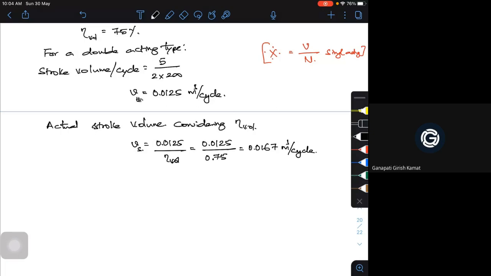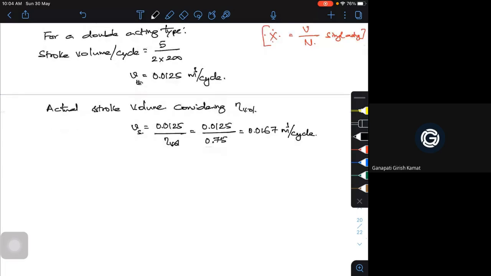This actual stroke volume is equal to A into L, that is pi by 4 into d square into L. In the problem they have given that your stroke length is 1.5 times your d.